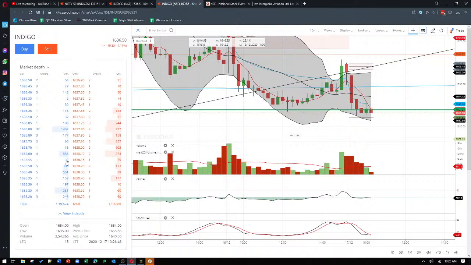The current candle low made 1636.10, high made 1639. At 1636, 31 orders, 1400; 30 orders, 1368.